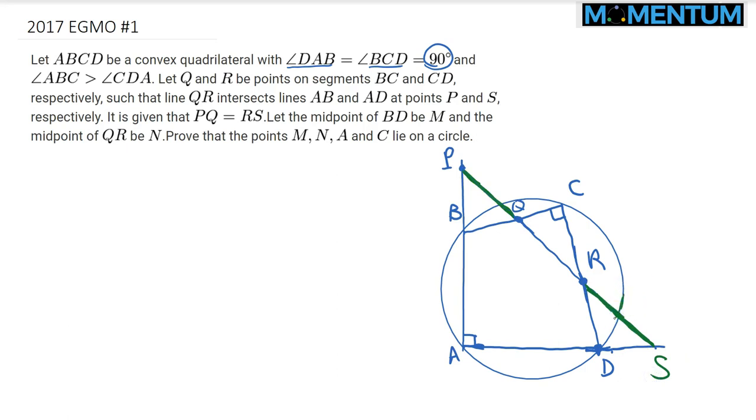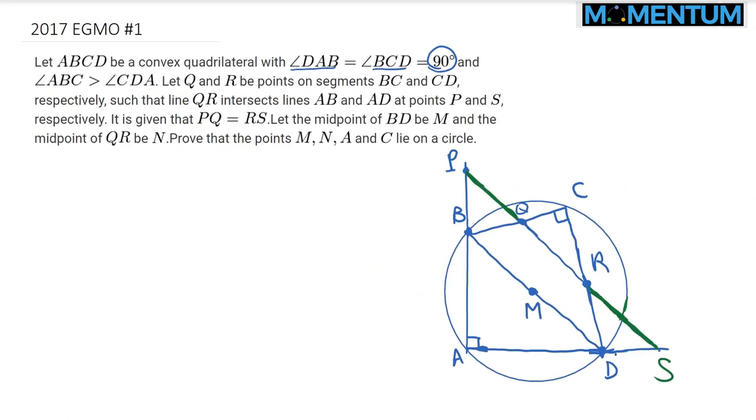This was a cyclic quad. All right. Let the midpoint of BD, well, it's a special point, right? This is actually the center of that circle as well, ABCD. So this point is M, which is, like I said, the center of our circle, and N is the midpoint of QR.